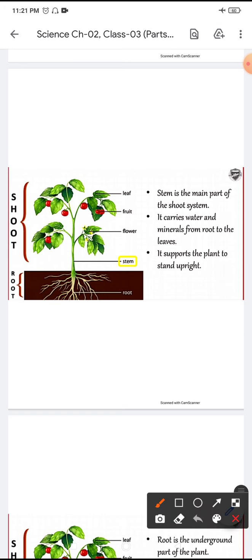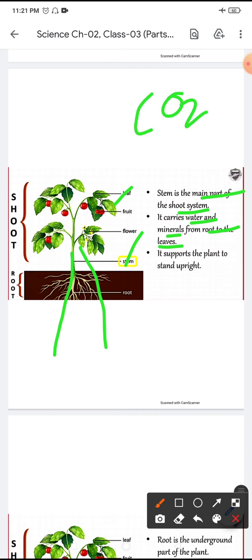Okay, now turns for stem. What is the function of a stem? Stem is the main part of the shoot system. It carries water and minerals from the root to the leaves because leaves need minerals and water from the ground, carbon dioxide from the atmosphere, and sunlight from the sun.